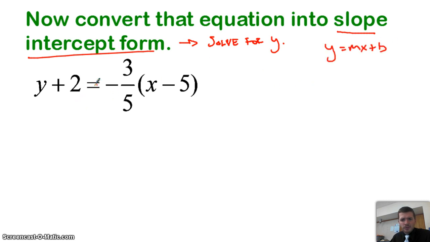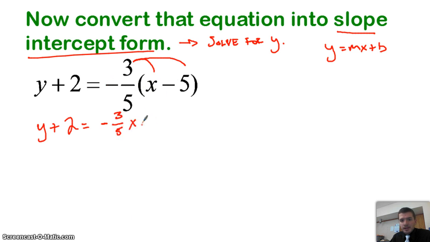All right, so now when we solve for y again, I'm going to start by distributing this. I think you guys are pretty good. Again, I'm going to show you two ways to do it. Here's the first way. It'll be y plus 2 equals negative 3/5 times x is just going to be negative 3/5 x.